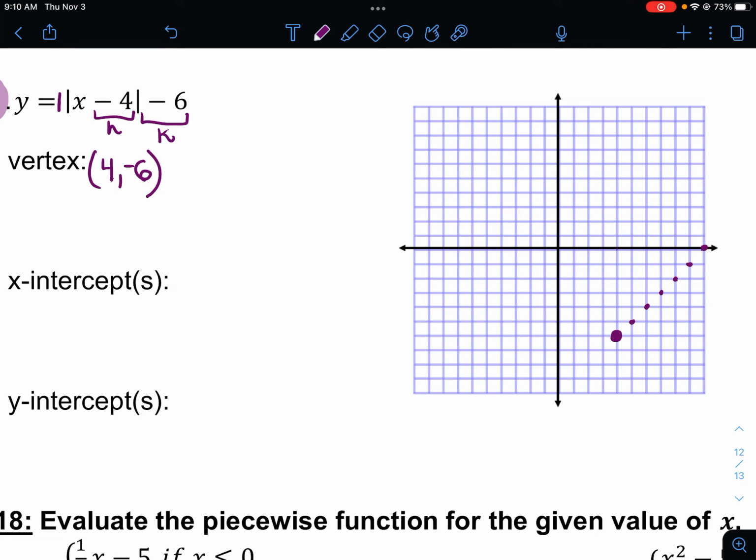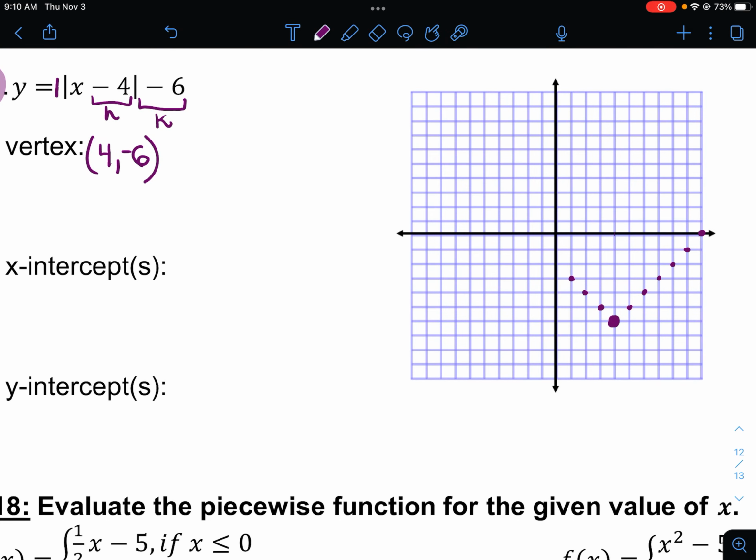And I'm going to put a couple points on there, enough points so that I can see where this V is going to cross my x-axis and my y-axis. You will always be able to see where your x and y intercepts are on these graphs.